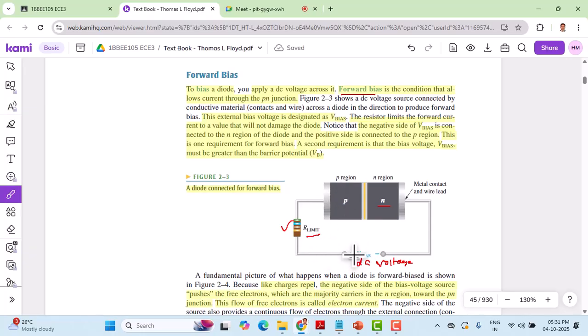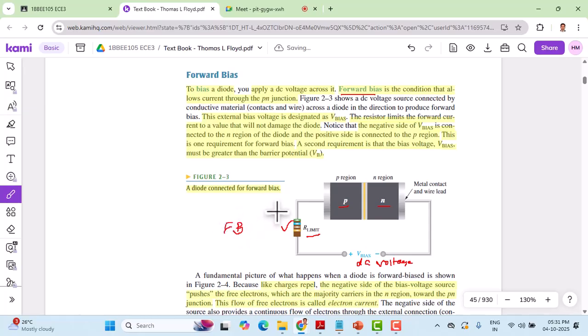The positive of V bias is connected to the P type of semiconductor, and the negative of the bias voltage is connected to the N type of semiconductor. If you connect it in this way with the help of a current limiting resistor, then we say that the diode is forward biased.